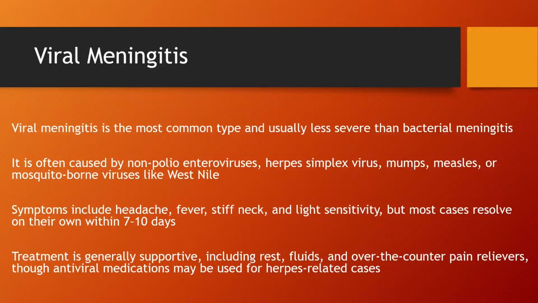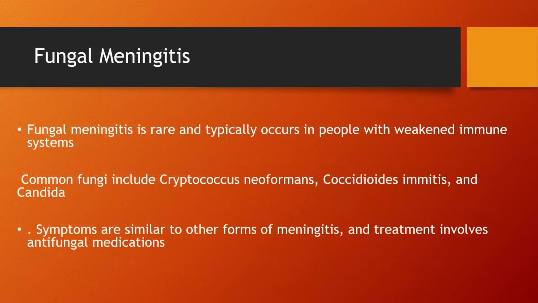So for viral meningitis, supportive care is provided for 7 to 10 days until the virus is sufficiently dealt with by your immune system. That's how this one will be treated.